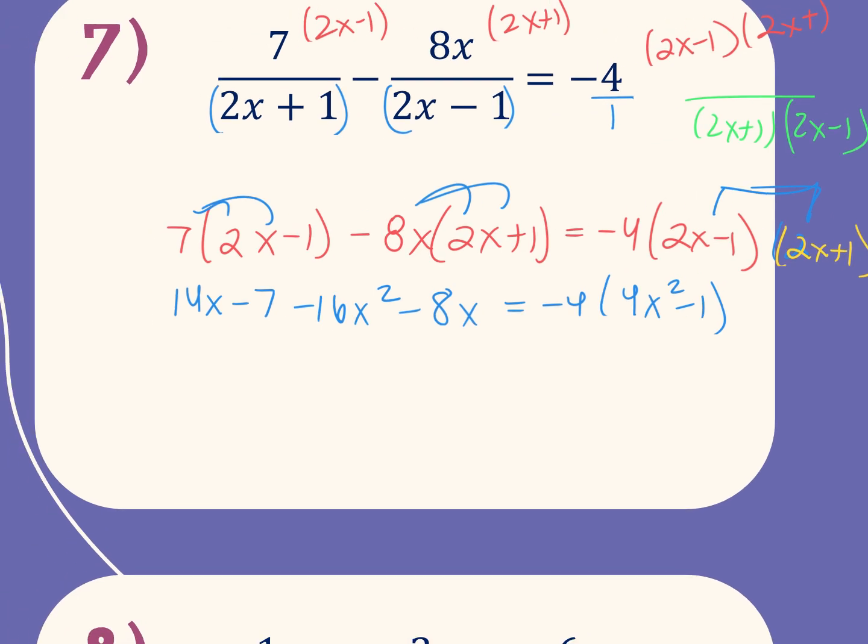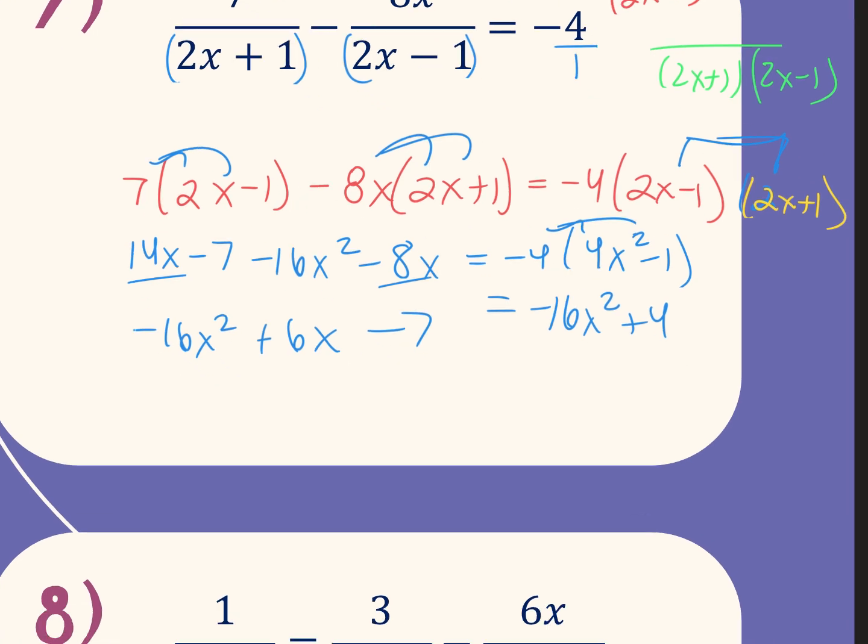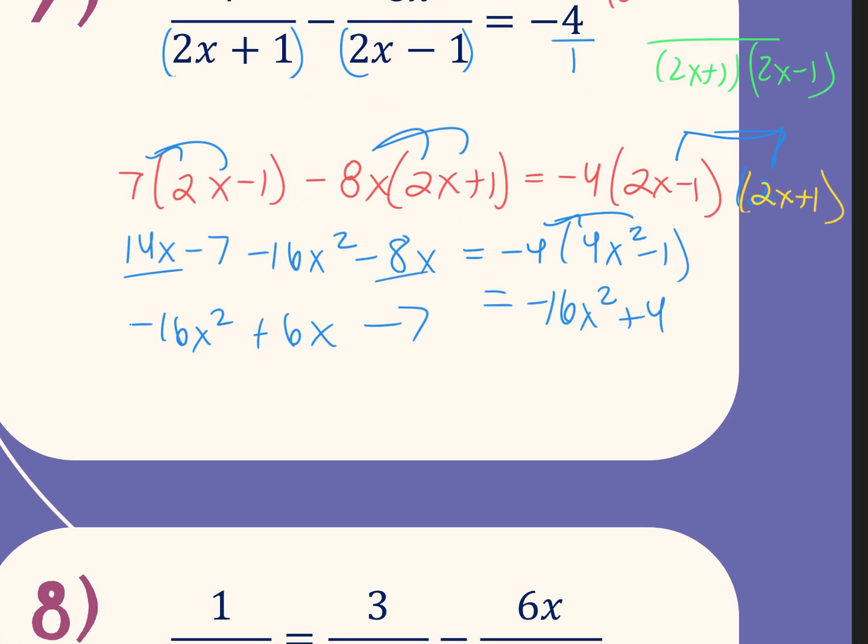All right, so I'm still going to distribute here. I have negative 16x squared plus 4 on the right-hand side. I'm going to rewrite the left-hand side, negative 16x squared. What about 14 and negative 8? Plus 6x, good. Minus 7. Now we want letters. So now I'm going to add 16x squared to both sides.